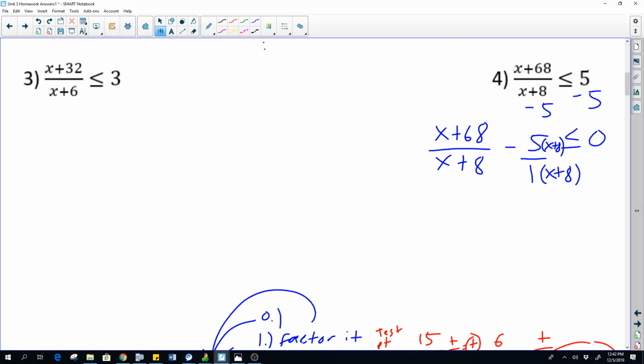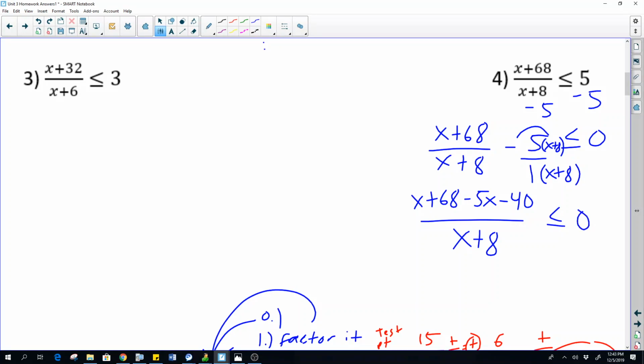Awesome. So now we finally have a common denominator. We have x plus 68, and then a minus 5x, because -5 times x is minus 5x, and then a minus 40, because -5 times 8 is -40. Good. And then all over x plus 8, because we can combine the top over the bottom, back to adding rationals.